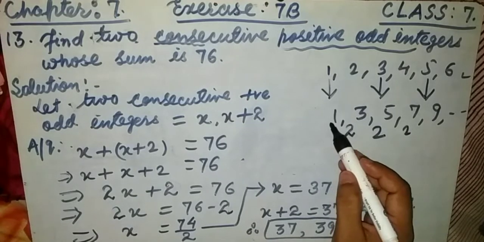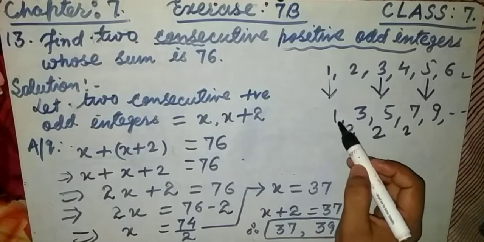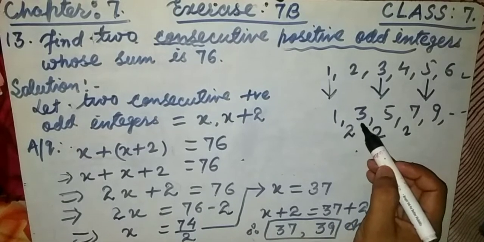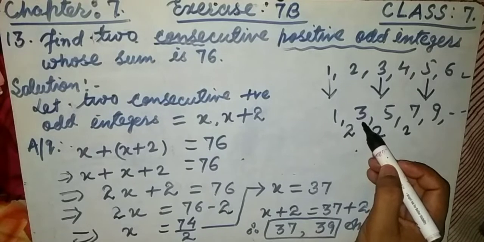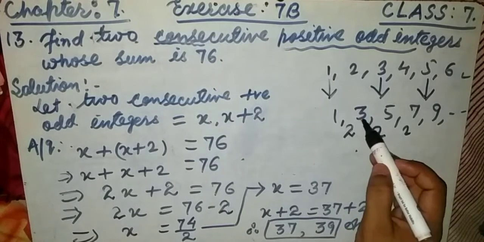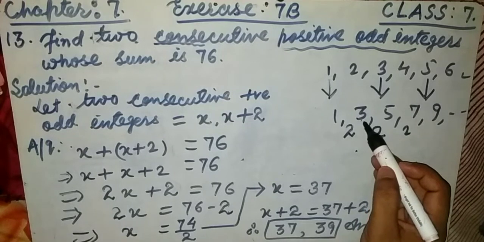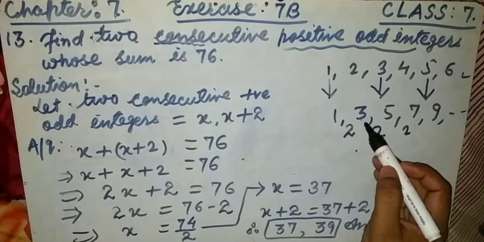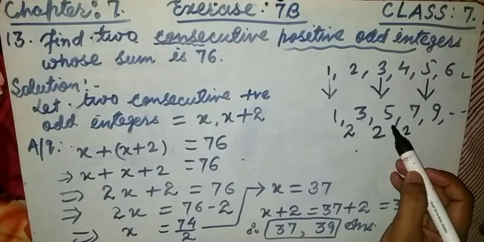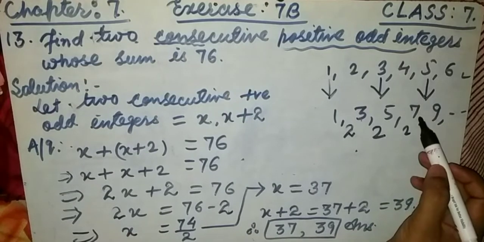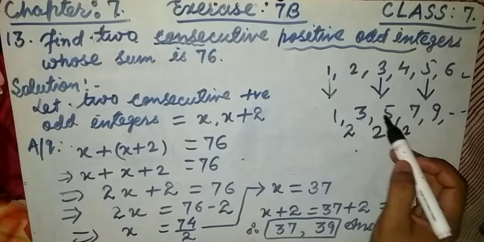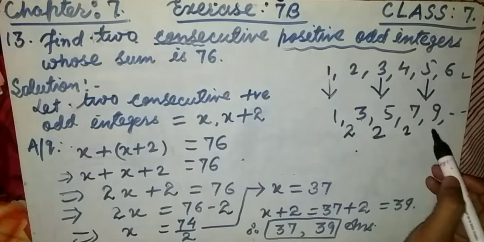Suppose 1 is the first odd positive integer. If we add 2 to it, we will get the next consecutive odd integer 3. 1 plus 2, 3. If we add 2 to this 3, we will get the next consecutive odd integer, 3 plus 2, 5. To get the next consecutive integer, we add 2 to this 5. 5 plus 2, 7. Similarly, 7 plus 2, 9.